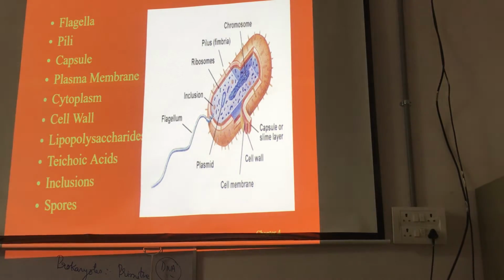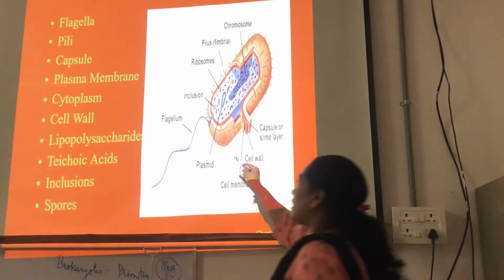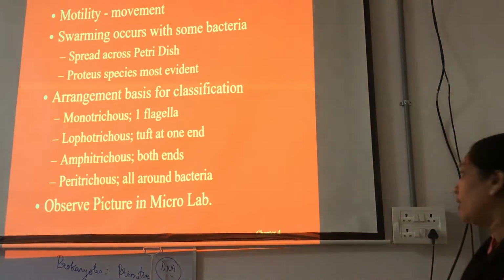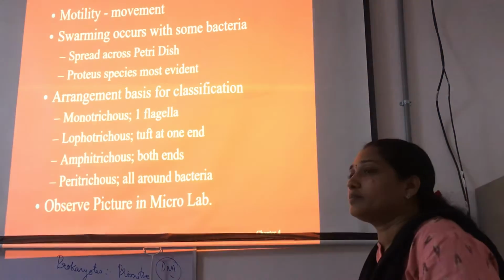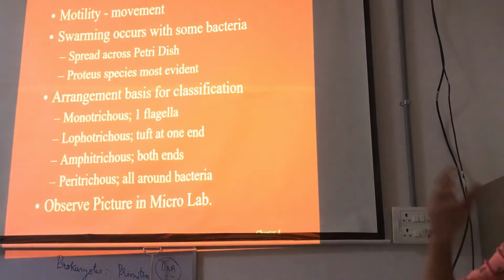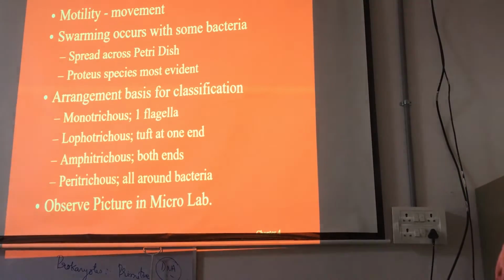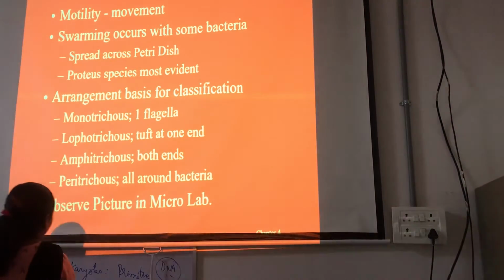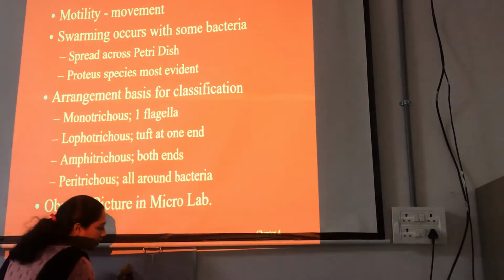It helps in motility. You can see here the hair-like projections, right? And the flagella are helpful for motility or movement, and this swarming occurs with some bacteria, spreading across a petri dish. And the arrangement basis of their classification, as I told you last class, is based on the number of flagella, right?